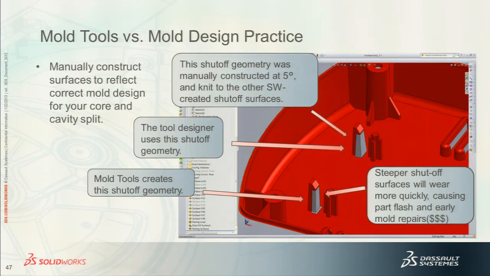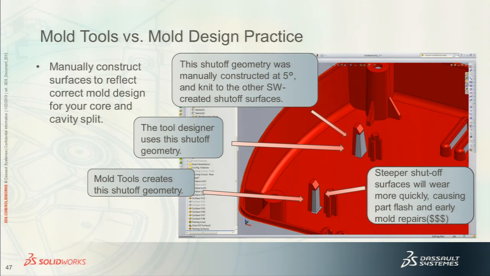Okay, when I modeled the part, I used a 3-degree draft on this feature here. The rest of the tool is either at a 1 degree or a 3-degree angle, depending on what part of the geometry I had here.